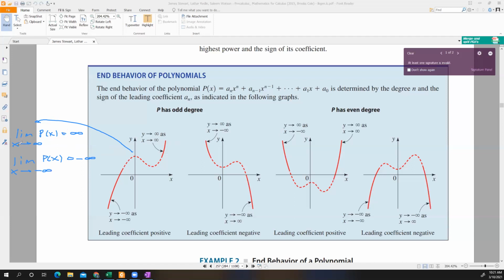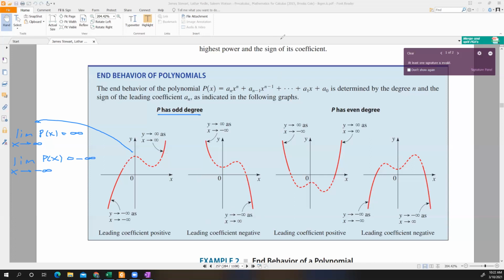This limit notation is very prevalent in mathematics because it's very suggestive. It indicates a lot about what's going on and it's easier to read. We're taking the limit as x goes to infinity of the function p of x, and we're saying that's infinity, and the other one says something similar. So this is the case where p has odd degree and the leading coefficient is positive.